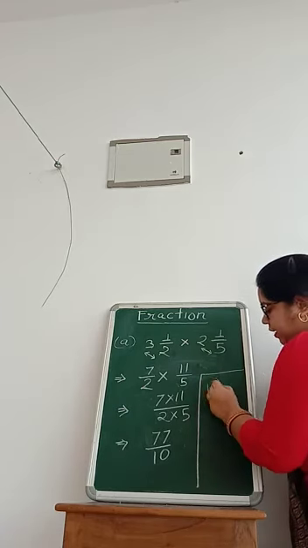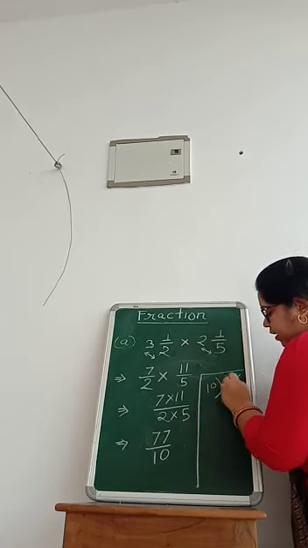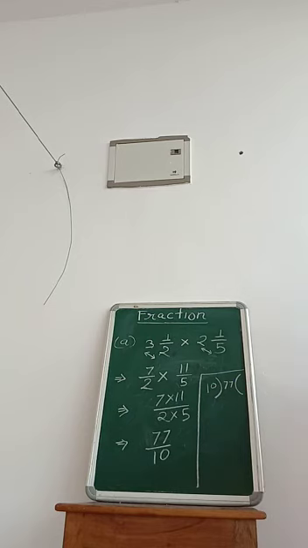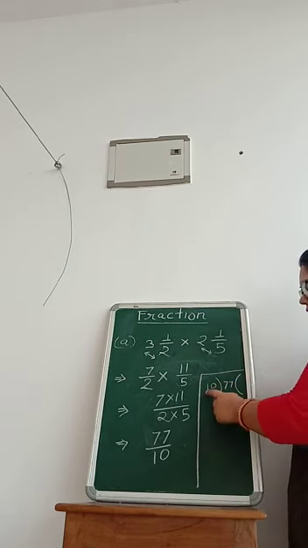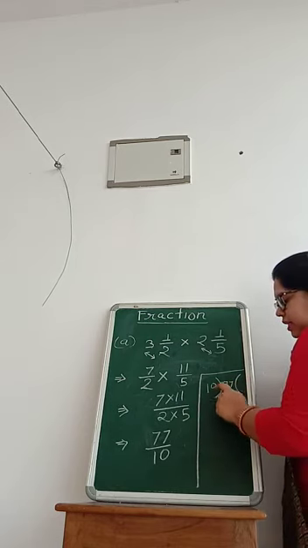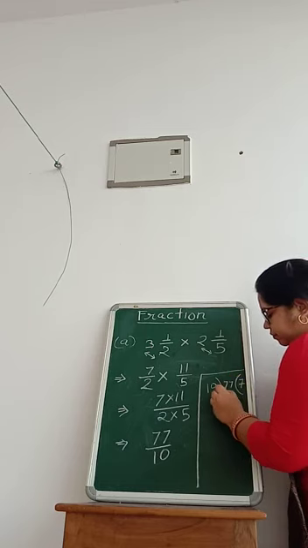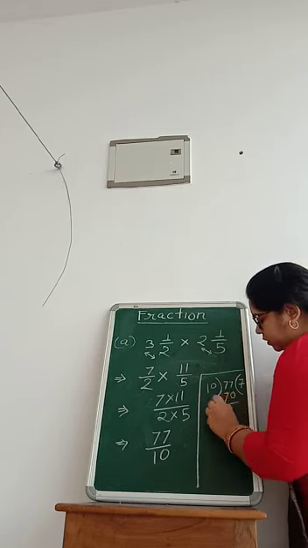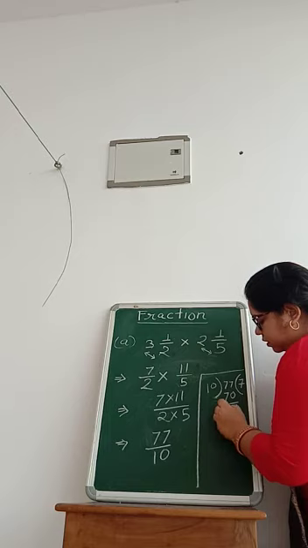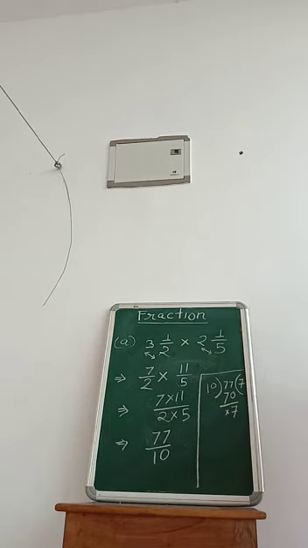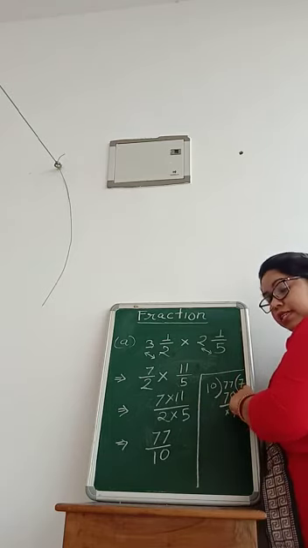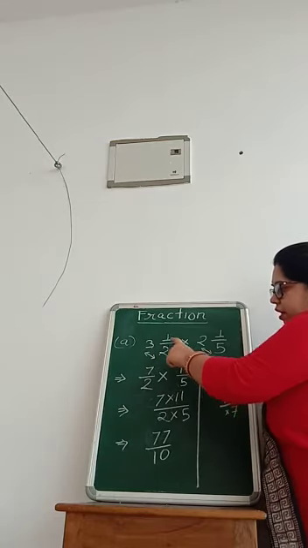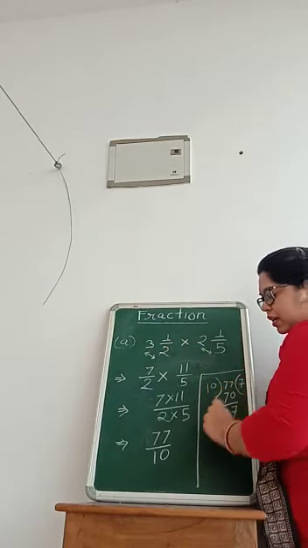So we will divide this 77 by 10. How many times will it go? 10 sevens are 70. Understood? So how much will come? This is the whole number, this is our numerator and this is our denominator.